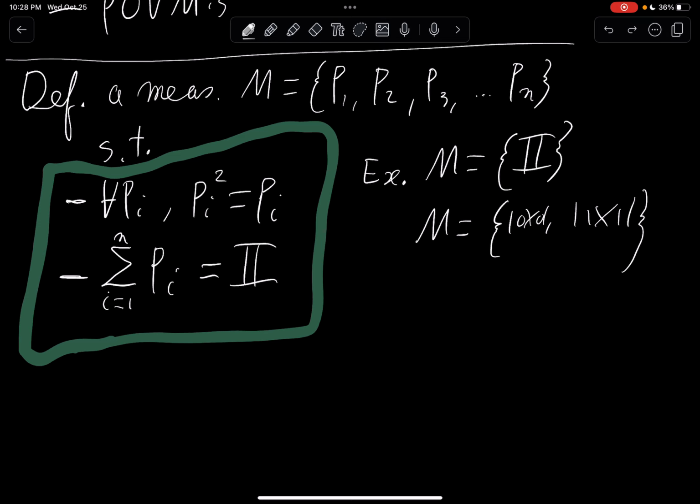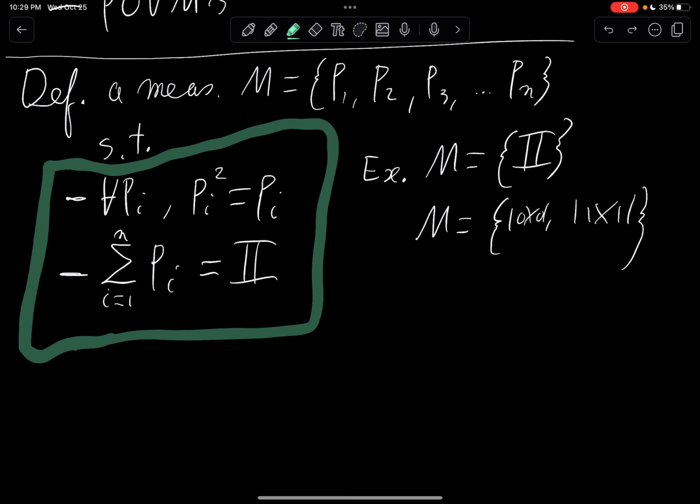Well, this will become a bit more clear when we've discussed post-measurement states, but the way to think of this is that when I perform a measurement asking, are you in a given state phi, and I get outcome yes, if I then measure again, which you can think of as being represented by this square here, I should get back the same outcome, right? If I measured state psi, and I measured it to be phi, and I measure again whether it's phi, I should get the answer that yes, it's phi. And so that's encapsulated by the first condition.